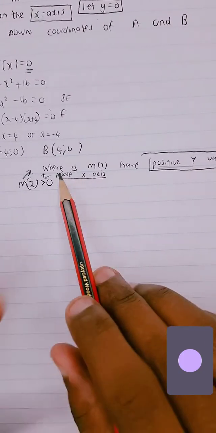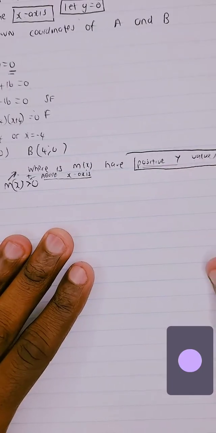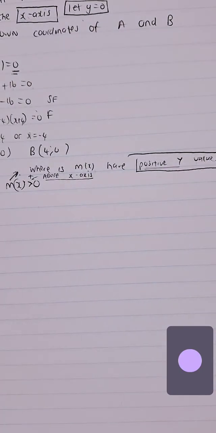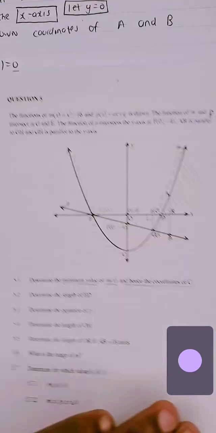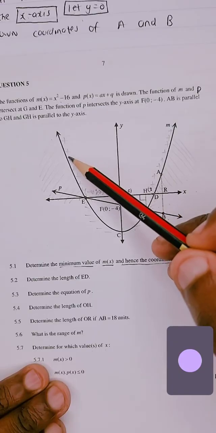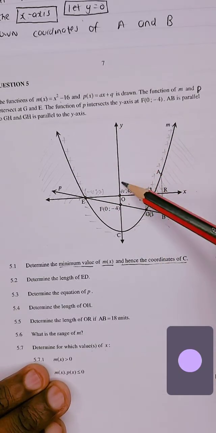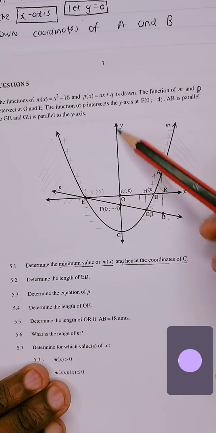So that's why I'm saying, where is m of x having positive y values? Where is the parabola having positive y values? That's why I'm putting the plus signs here, because your y values above the x-axis are always positive.